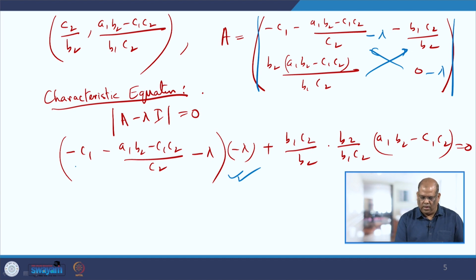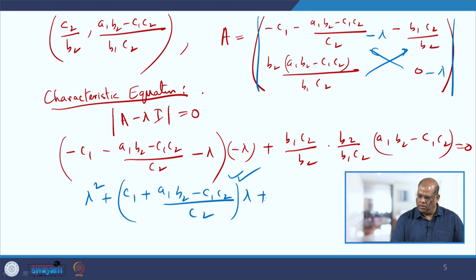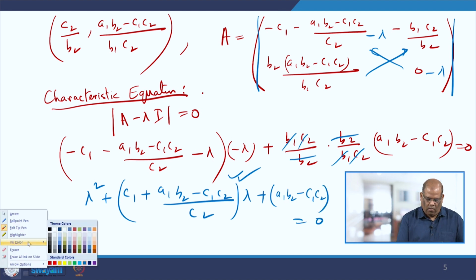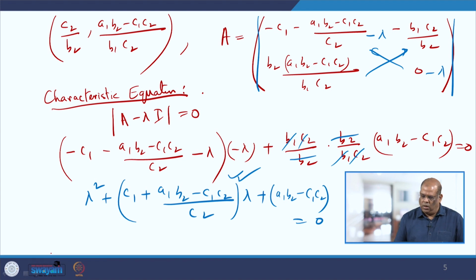If I multiply this, I will get lambda square plus C1 plus A1 B2 minus C1 C2 divided by C2 multiplied by lambda, plus, these cancel, and you are left with A1 B2 minus C1 C2, which is equal to 0. Now, let us use the stability condition.